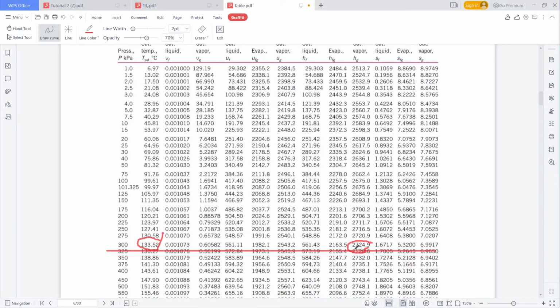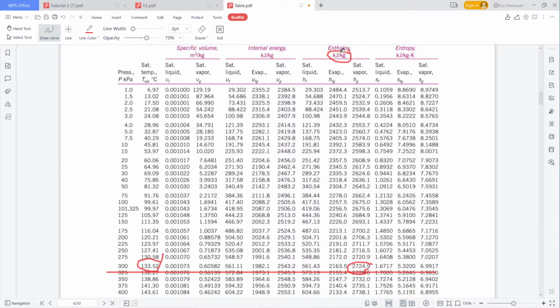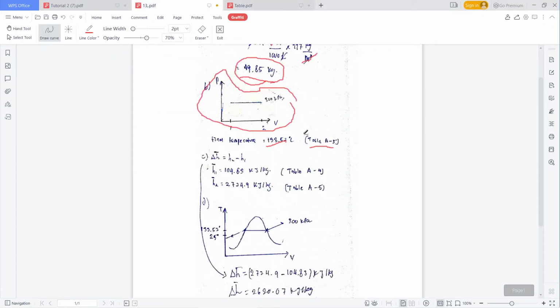That will bring us 2724.9 in kilojoule per kg. HF refers to enthalpy in the form of liquid. HFG is just the difference between HG and HF. Anyway, H2 will be 2724.9 kilojoule per kg.